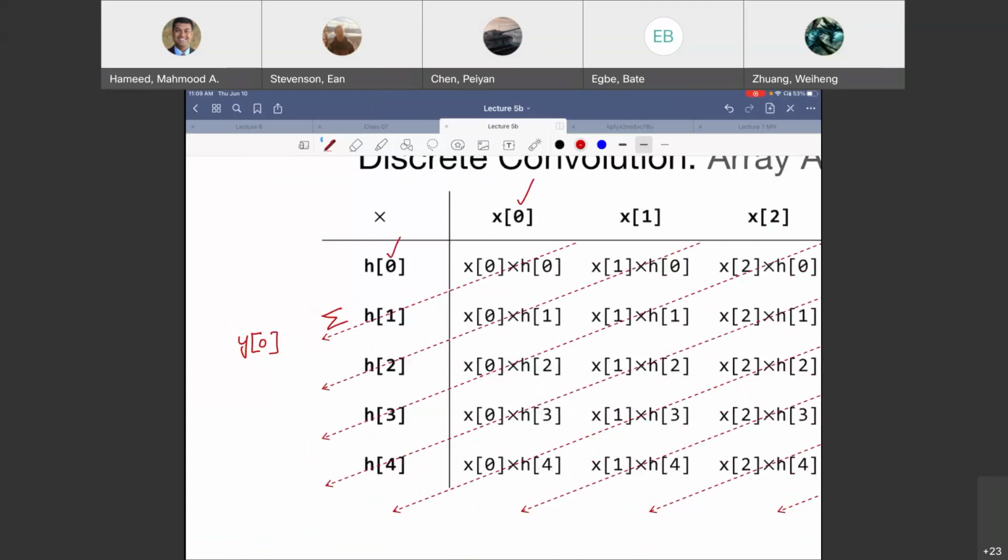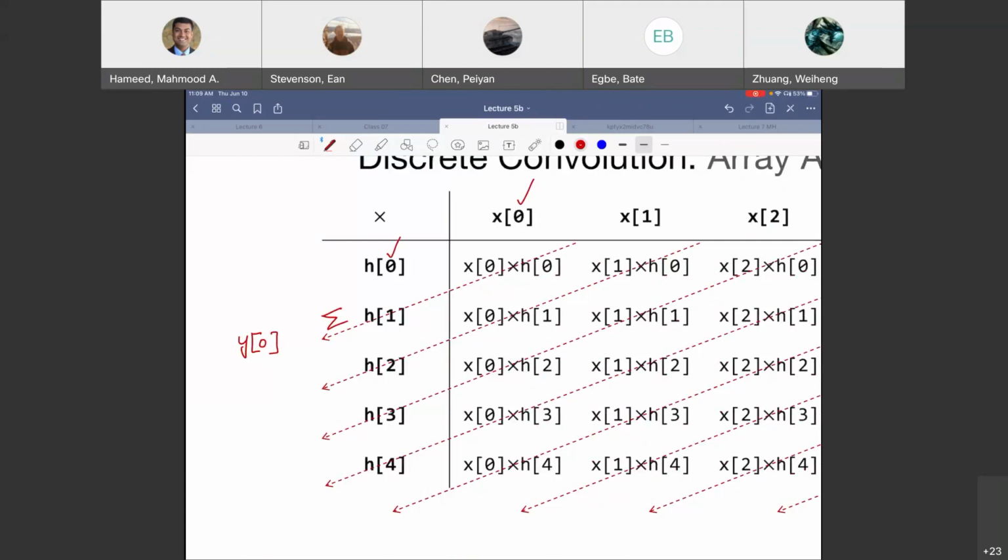So you add the indices of input and your impulse response to get the index for the output. In other words, if your input started at -1, -2, and your impulse response started at 2, 3, 4, all you would need to do is add those indices to get the index for your output.